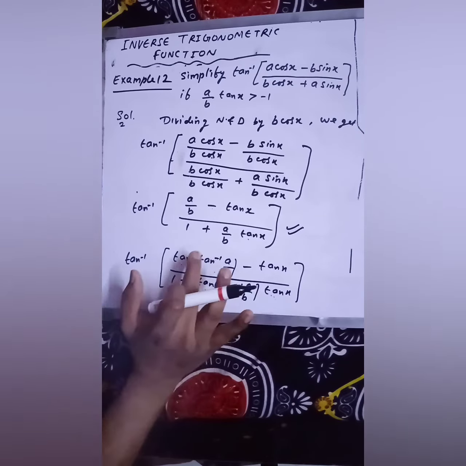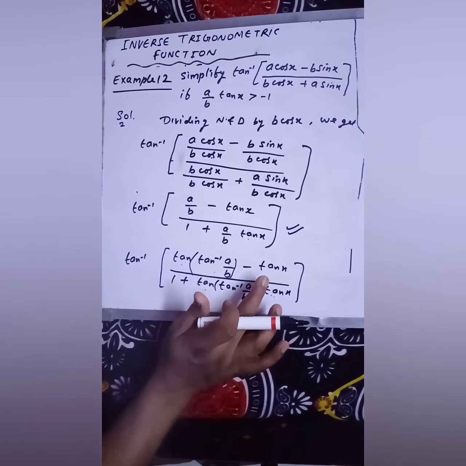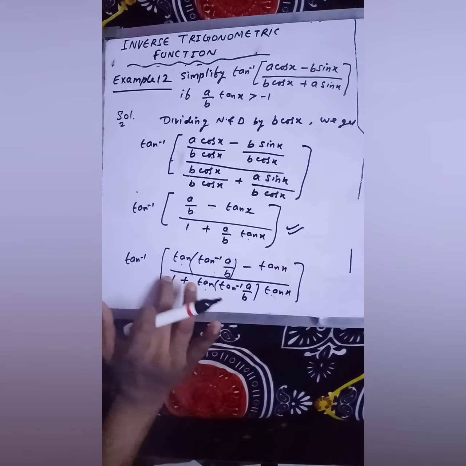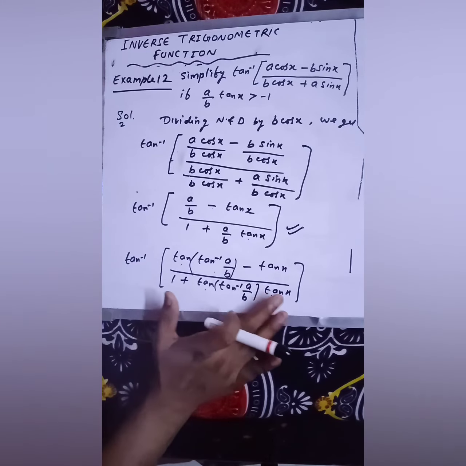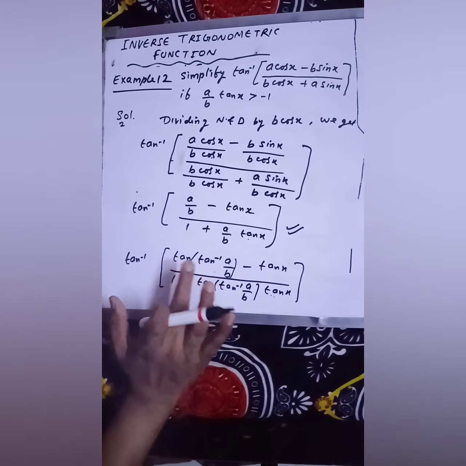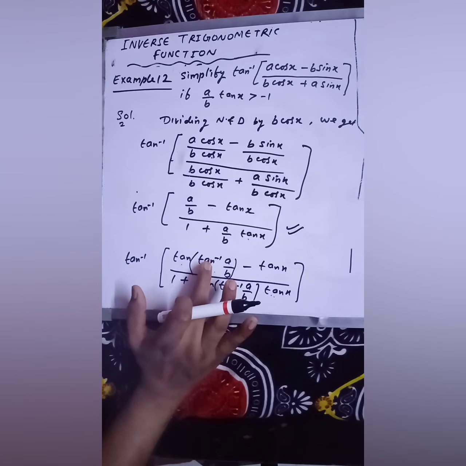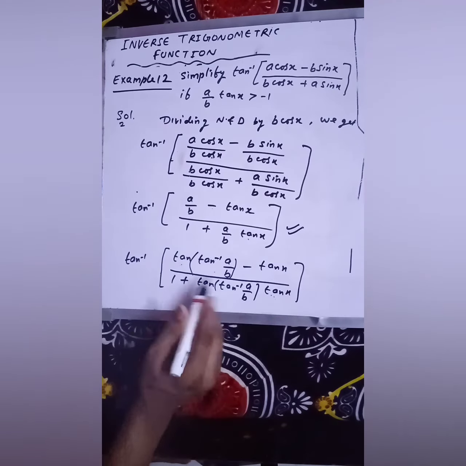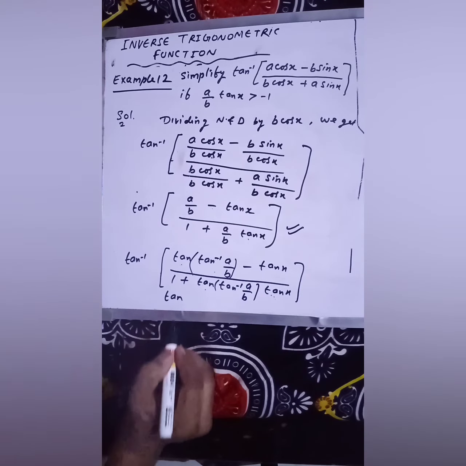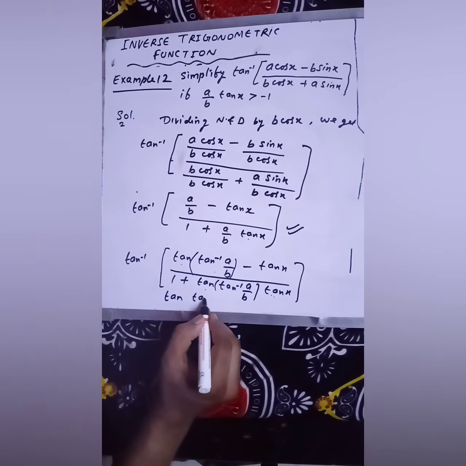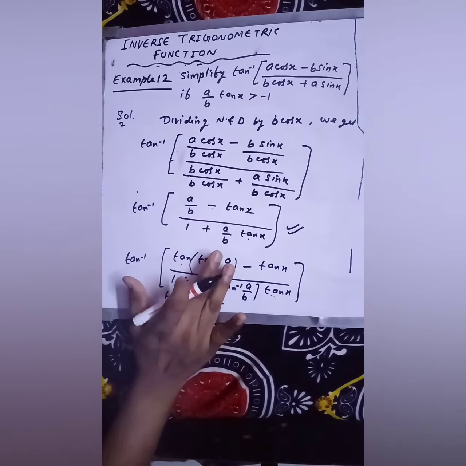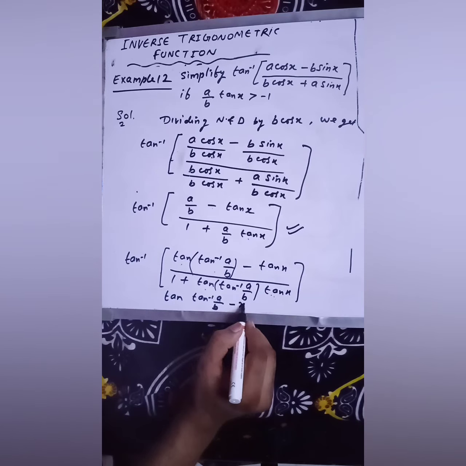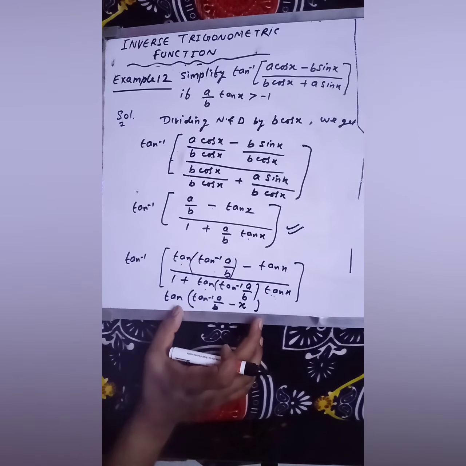There is a formula for this, which you have done in the 11th standard: tan A minus tan B over 1 plus tan A tan B. So this can be written as tan inverse outside, and in place of this you can write tan of A minus B, where this whole term tan inverse a by b is your A, and B is x, because when you open this you will get the same thing.